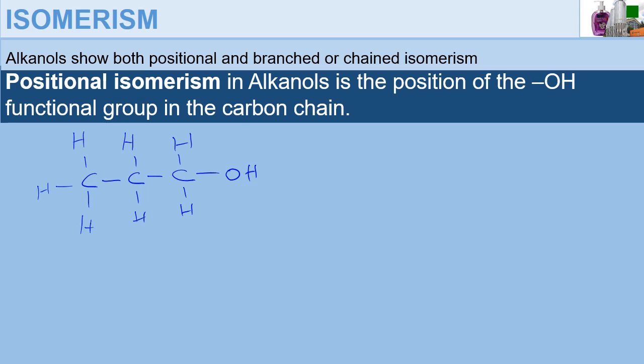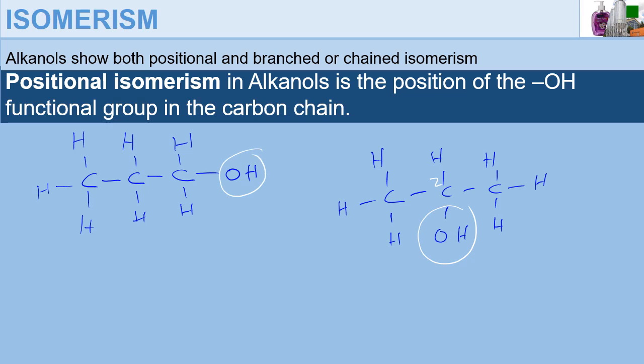We could also have propanol with the OH group attached to another carbon apart from the terminal carbon atom. Notice the functional group in this case is attached to carbon number 2, while the functional group in this case is attached to carbon number 1.